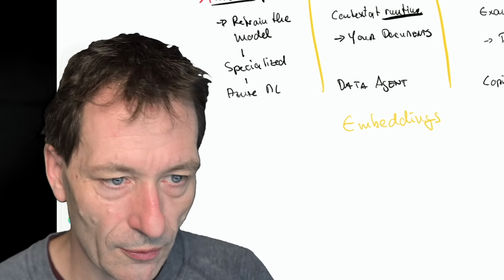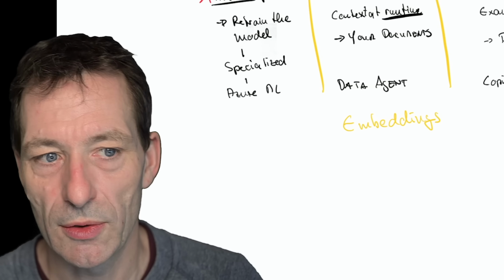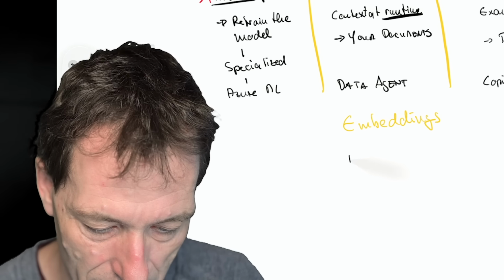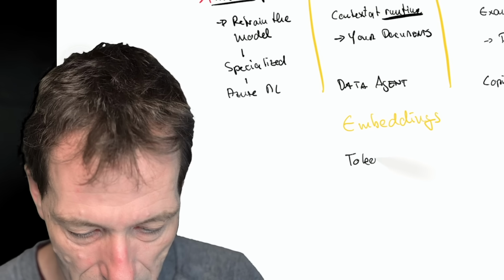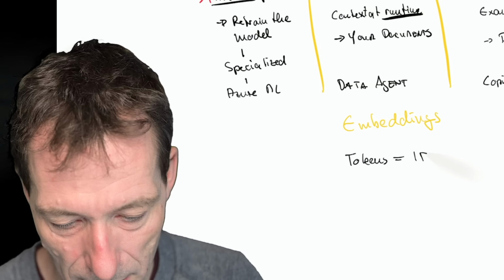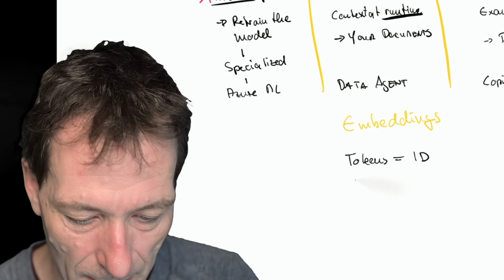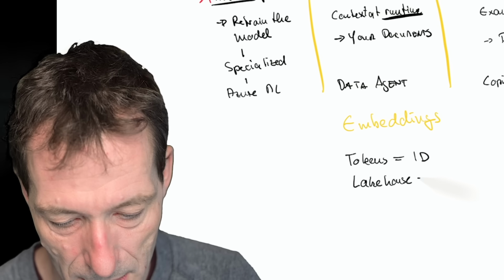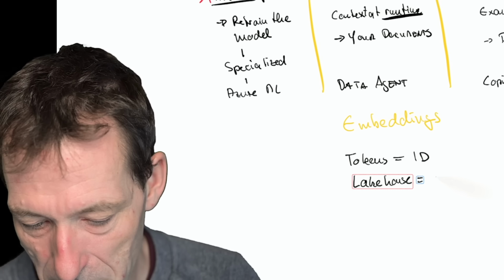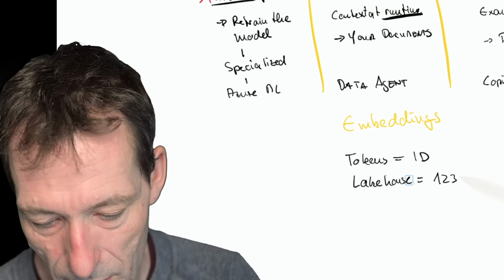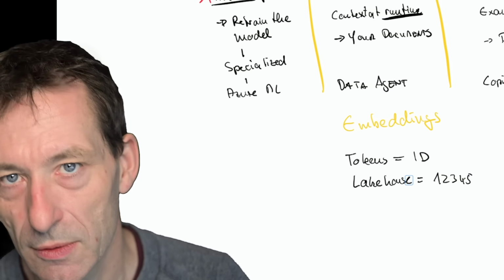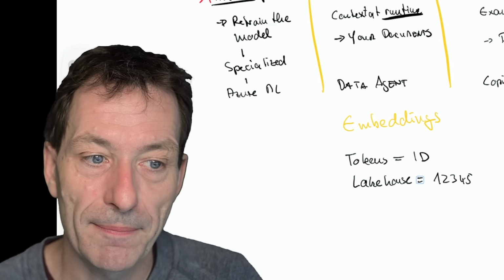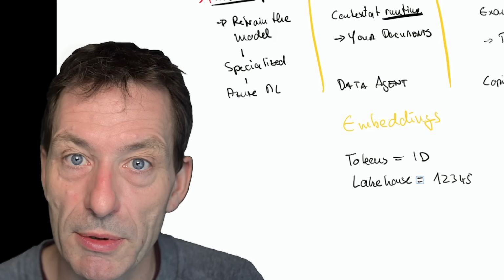In the first part of our video, we learned that all tokens are IDs. So for example, the token lakehouse equals the ID, let's say 1, 2, 3, 4, 5. This is not true, not important. Just a number. The embeddings go a little bit further.